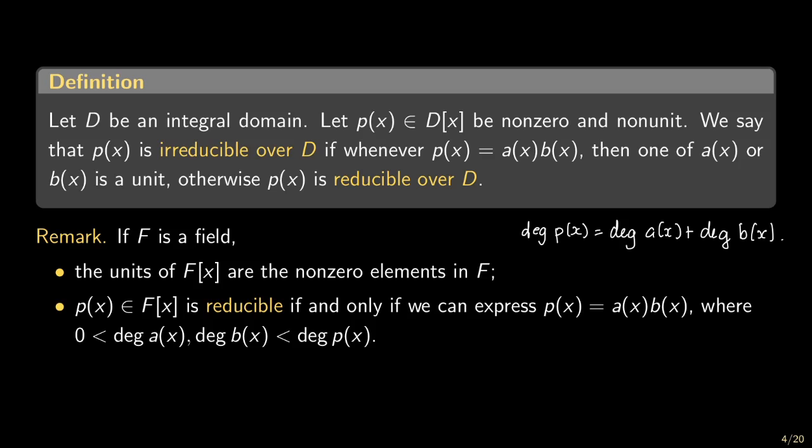So again, over a field, a polynomial is reducible if we can find non-constant polynomials as factors, meaning the degree is at least 1, or linear, so that the product of these polynomials is the given polynomial, and these polynomials have smaller degree than the given one.